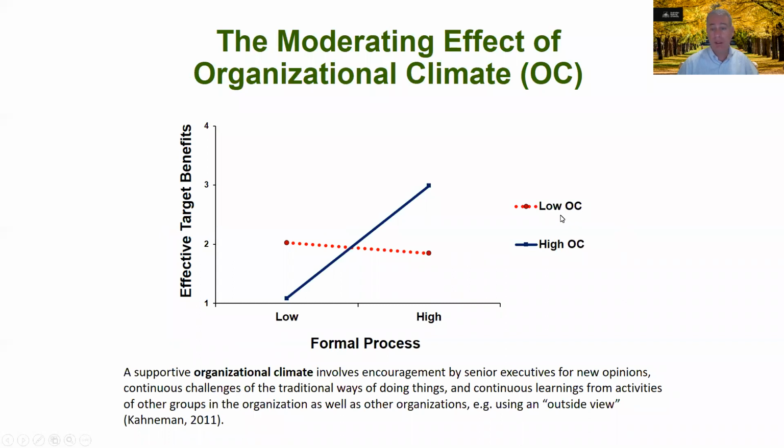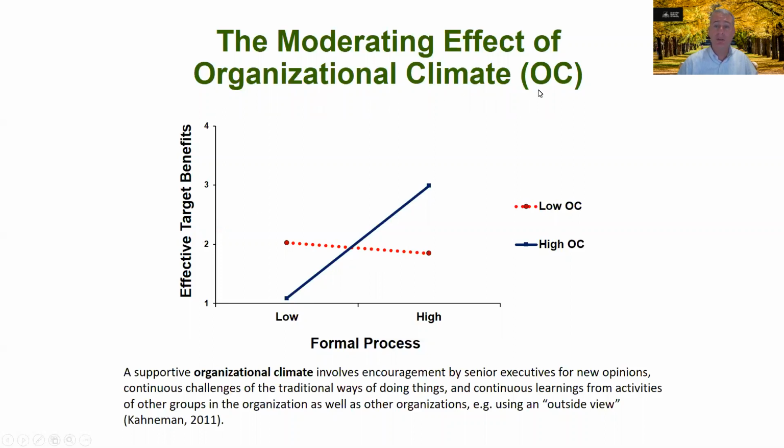For example, here we can see that when the organizational climate, OC, is low, and organizational climate is defined below, it doesn't really matter if you develop a formal process, a project management process, in this particular paper, project management methodology for the front end of projects, because it doesn't make a difference on the dependent variable.